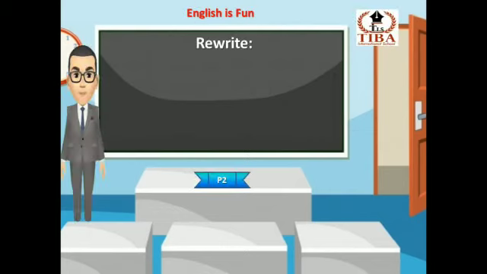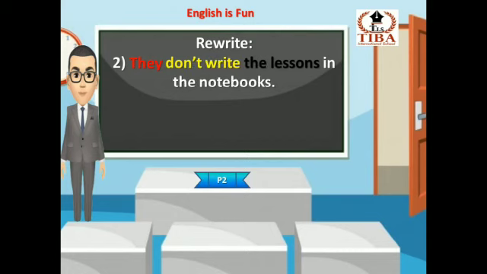2. They don't write the lessons in the notebooks. Here we have a negative sentence in the present simple tense. The subject they, the verb here is don't write, and the object is the lessons. So here we start with the plural object, the lessons.